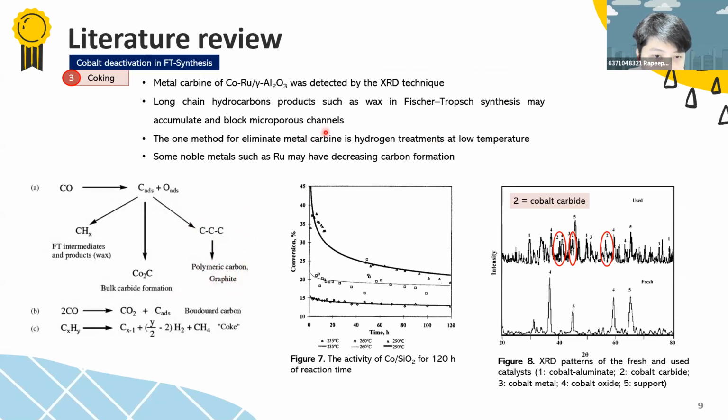Metal carbide was detected by XRD as shown in figure 8, and long-chain hydrocarbon products such as wax may accumulate and block microporous channels, causing conversion to decrease rapidly. One method to eliminate metal carbide is hydrogen treatment at low temperature. Another method is adding some noble metal such as ruthenium, which may decrease carbon formation.